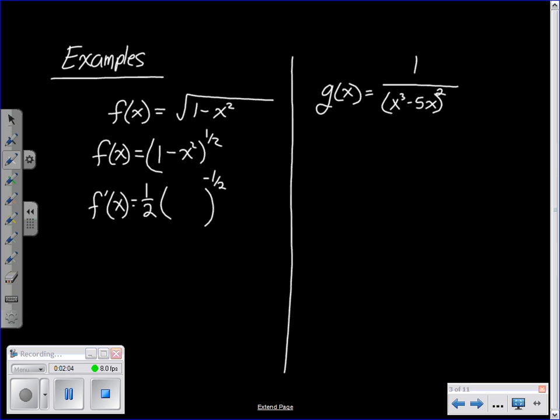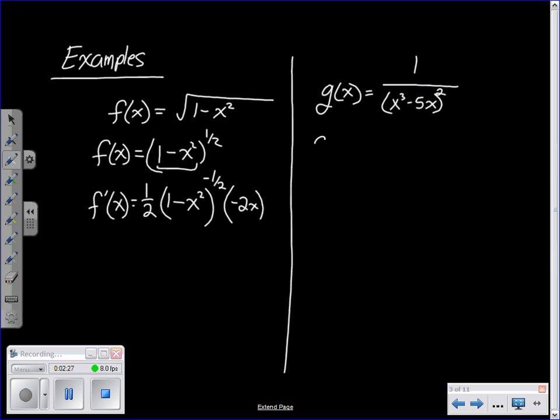So I'm going to bring the 1/2 down, subtract 1 from 1/2 to get negative 1/2. I'm going to repeat the inside exactly like it's stated, so 1 minus x squared, and then I'm going to multiply by the derivative of what's on the inside of my function. So the derivative of 1 minus x squared is negative 2x. And that's my derivative using chain rule. I can definitely simplify if I wanted to, but we'll leave it here for right now.